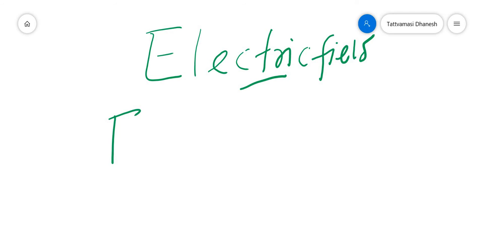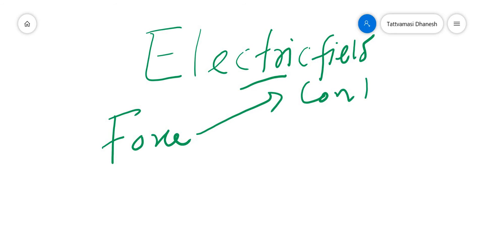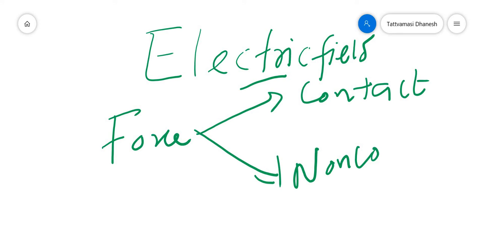See, force is of two types. One is contact force, and the second one is non-contact force. I think you didn't understand that, so I will explain. For example, if you want to take your phone, you need to touch it, because you need to have contact.